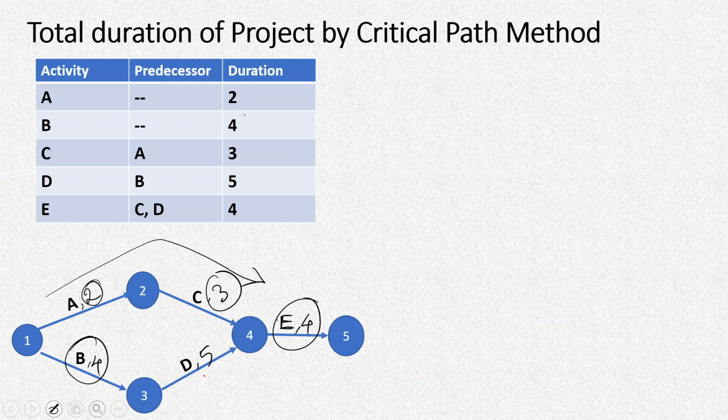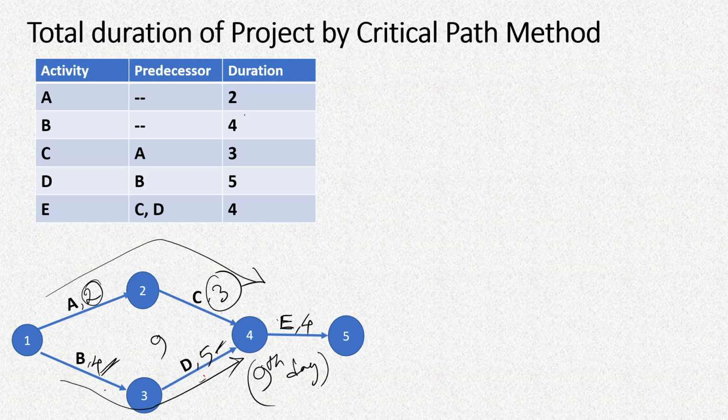Therefore we cannot start activity E on the 5th day, and we'll have to wait for this path to be completed, that means activity B and D. Activity B and D will take a total of 9 days, since this is 4 days and this is 5 days, and therefore E can be started only after the 9th day, and after the 9th day E itself will take 4 more days, and therefore the total duration will be 9 plus 4, which is 13 days.